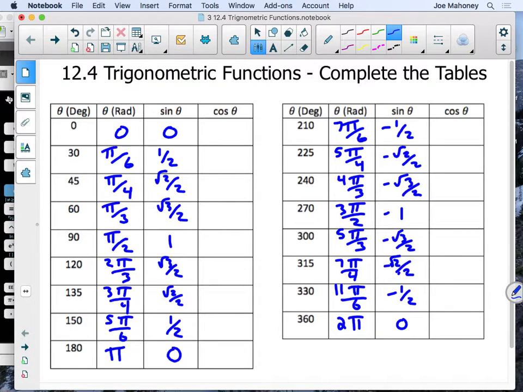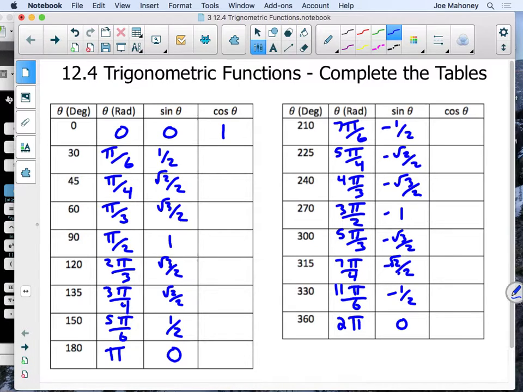Now, if we talk about the cosines, you saw that the cosines were really related to the sines, and we know a lot of relationships here. So the first relationship is that cosine is the x value. So when we're at 0 degrees, cosine of 0 is 1.